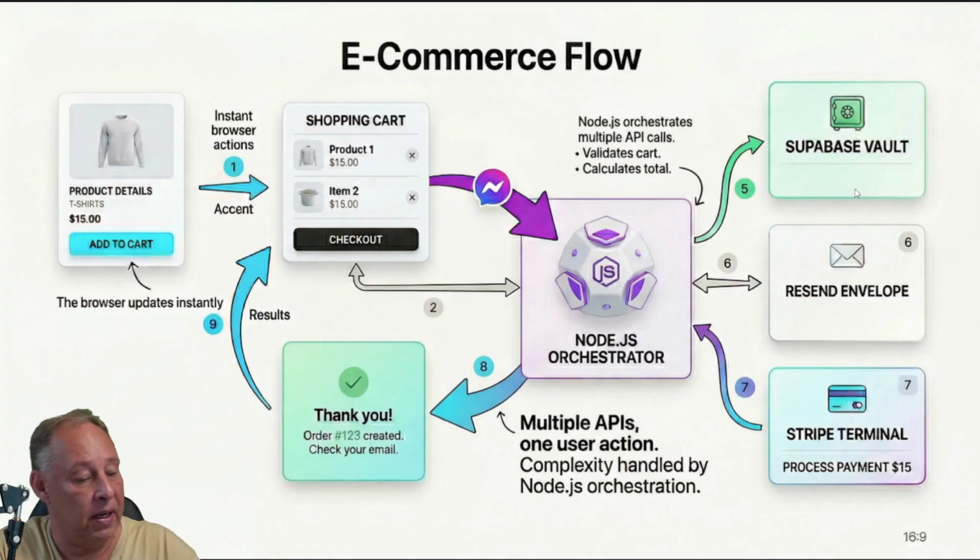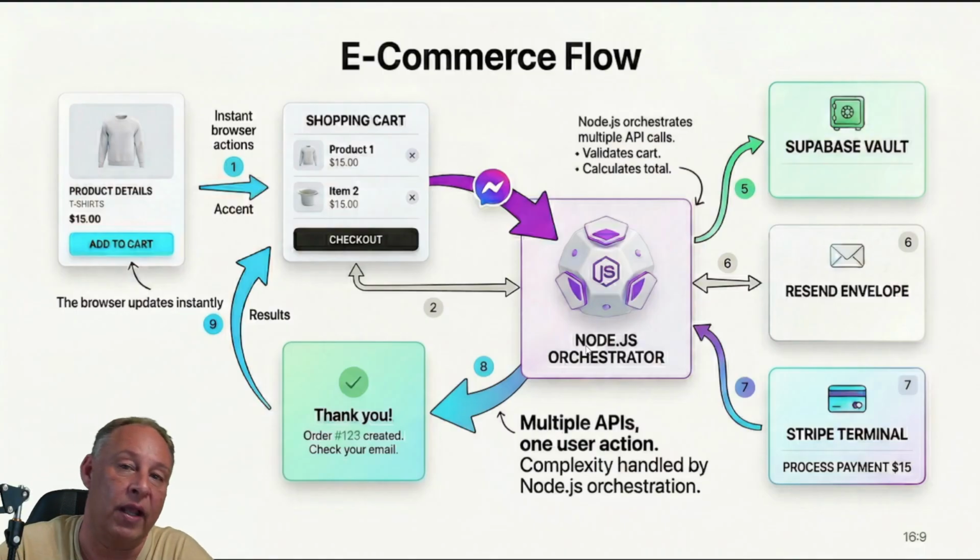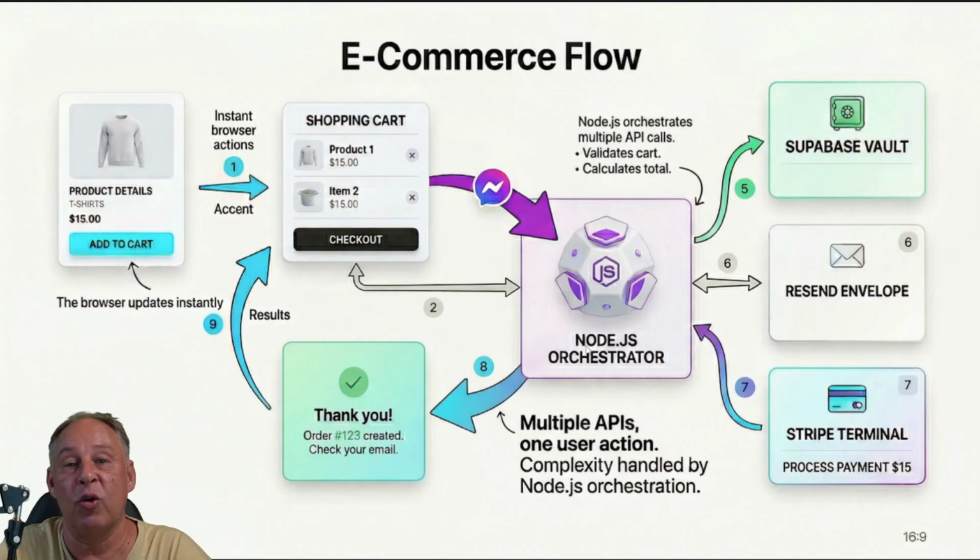And here's a typical e-commerce flow. Add a product to a shopping cart. I can see how Node.js, which is also the orchestrator, right? So Node.js will say, okay, we need to send the email, we need to get the products from the database, we need to add this shopping cart stuff into the database.